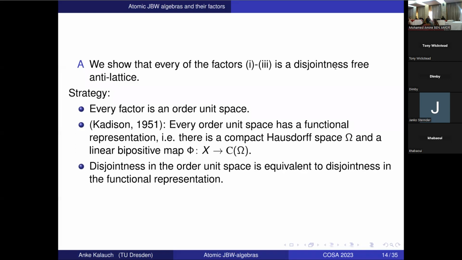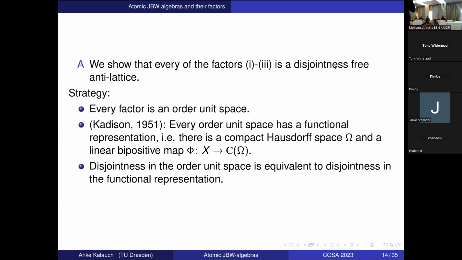So every one of these factors is an order unit space, this we already discussed. Every order unit space has a so-called functional representation. I will explain in a minute. So what does it mean? You can embed an order unit space canonically into a space of continuous functions on a compact Hausdorff space. And the embedding needs nice properties.